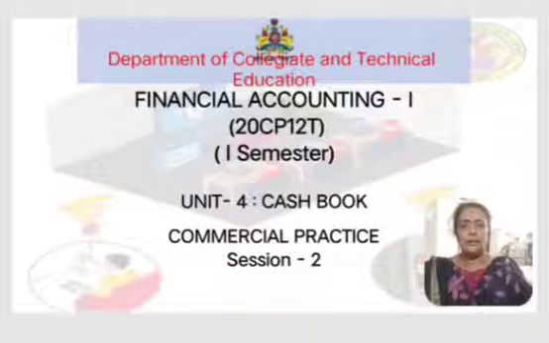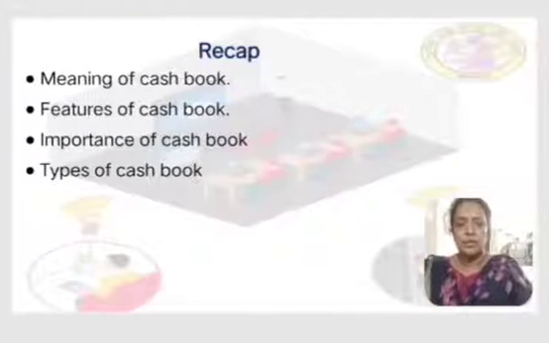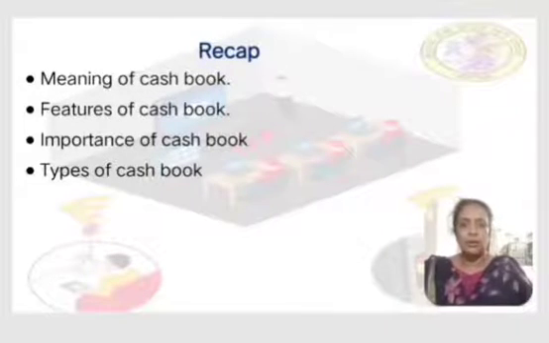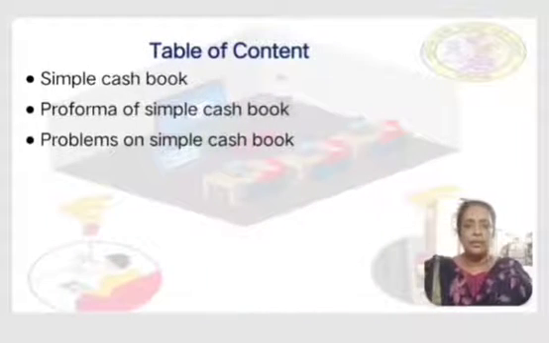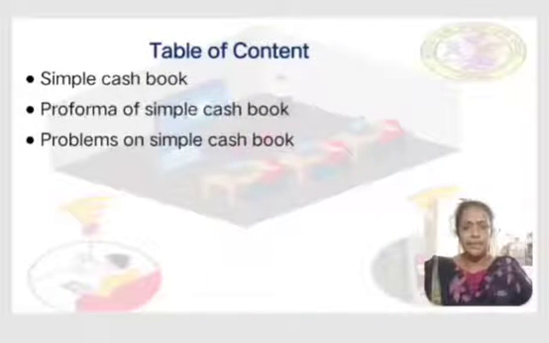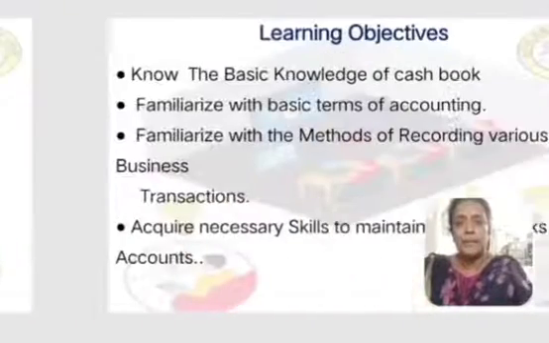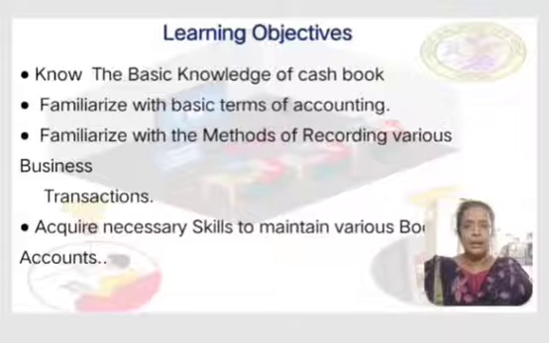In this session, we will discuss simple cash book or single column cash book. The objective is to recall the meaning, features, importance and types of cash book. This session contains simple cash book, how to prepare simple cash book, what is the format or proforma of preparing simple cash book, and also we will learn example problems on simple cash book.